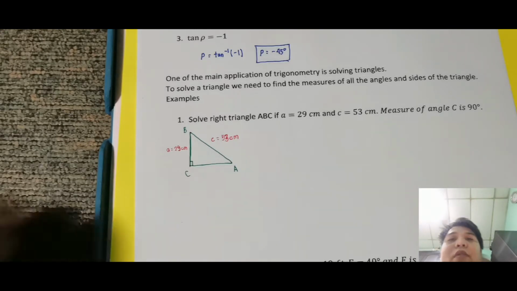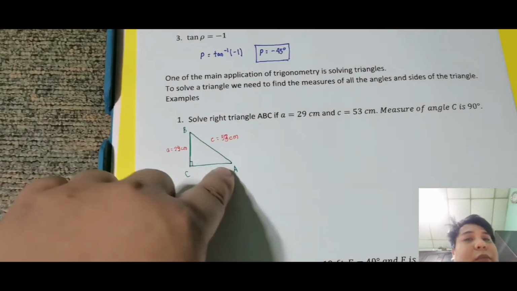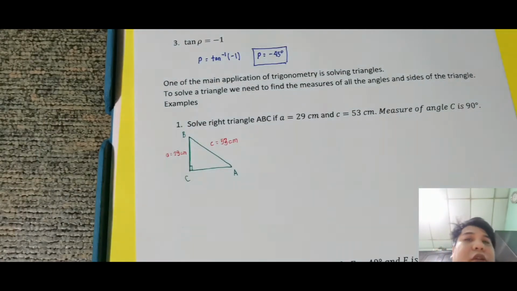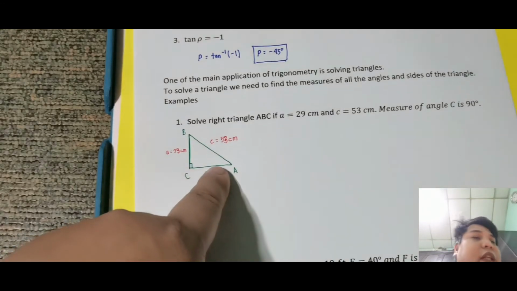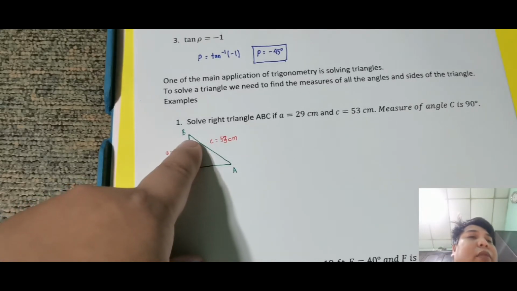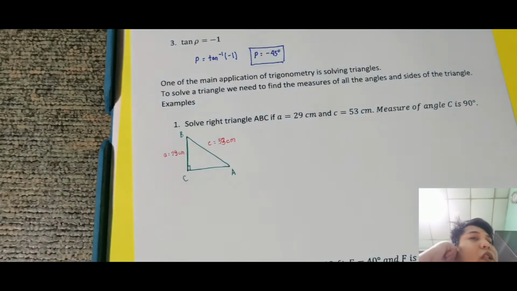Una, dalawang solution muna yung gagawin ko, tignan natin kung almost the same, kasi medyo may decimal to, kaya hindi ko masasabing eksakto na parehas yung sagot. Unang way ko, pipiliin ko si angle A. Pangalawa, pipiliin ko si angle B sa pangalawang solution. Check natin kung parehas ang lalabas na sagot.